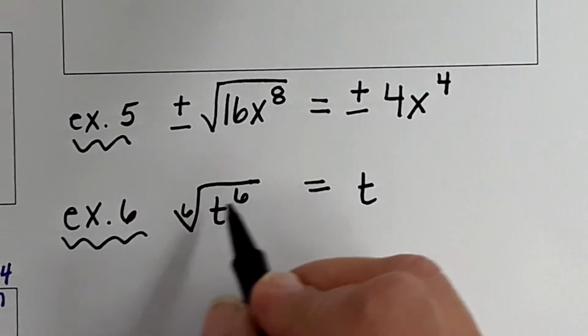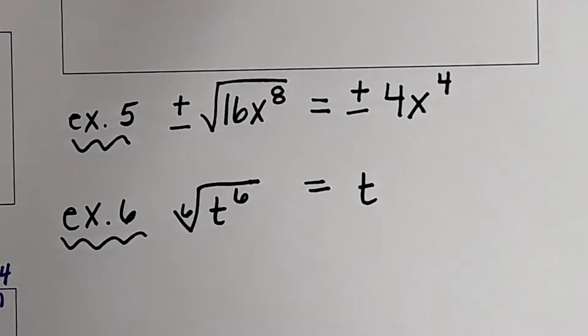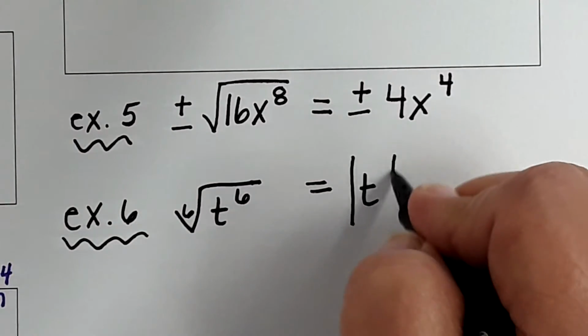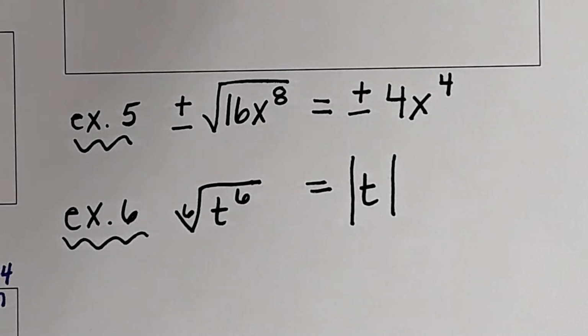So even divided by even is 1, odd or even? Odd. So even divided by even means I need absolute values around that.